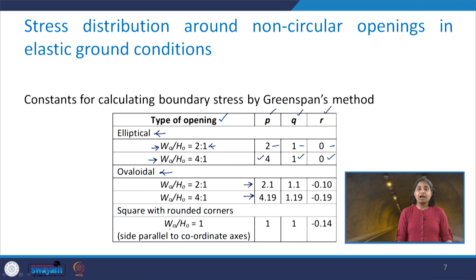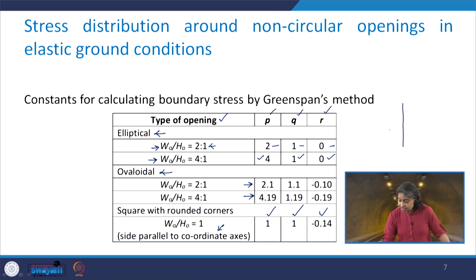In case you have a square shaped opening with rounded corners, the height and width ratio is going to be equal to 1 and the value of P will be 1, Q will be 1 and R will be minus 0.14.